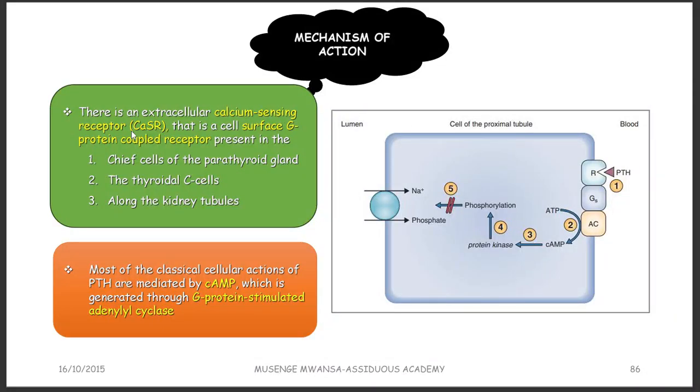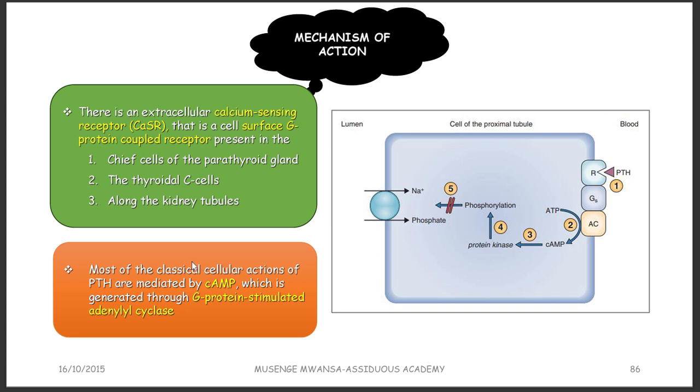The calcium sensing receptor is a G protein coupled receptor, and we already talked about how G protein coupled receptors work. This calcium sensing receptor is present on the chief cells of the parathyroid gland, also the thyroid C cells which produce calcitonin, and also on the kidney. All right, these are the three regions.